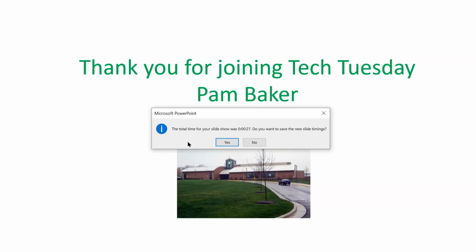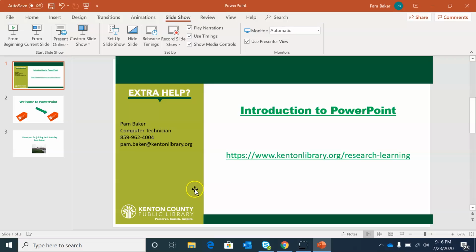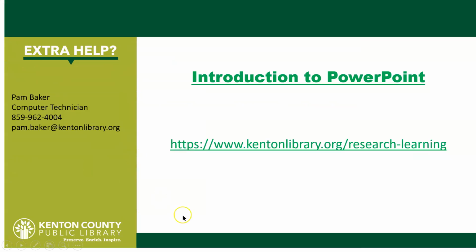So after you finish that, it says the total time for your slideshow was 27 seconds. Do you want to save it? I'm going to say yes. And now I'm going to go up here and click on slide number 1 and say from the beginning.